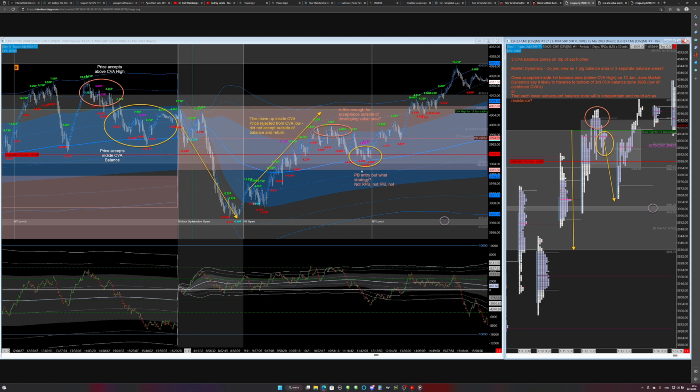You have to rank and distill. So the CVA is a stronger, bigger, more important level than the DVA, or also more important than the previous day value area, because it's 2 or 3 or 4 days.